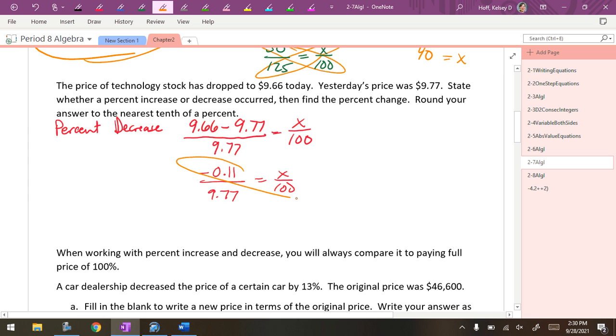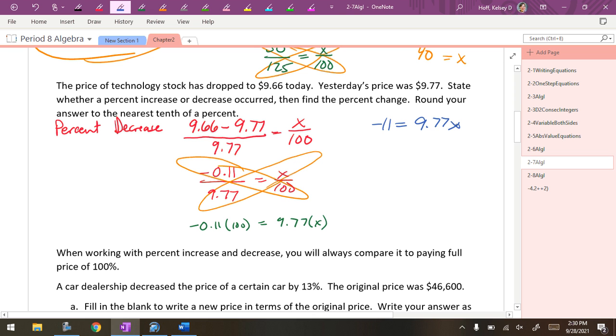Ms. Hoff wants you to use proportions and the idea of cross multiplying here. Negative 0.11 times 100 equals 9.77 times x. Now, 0.11 times 100, what happens? Move the decimal twice, right? So you really end up at negative 11 equals 9.77x.